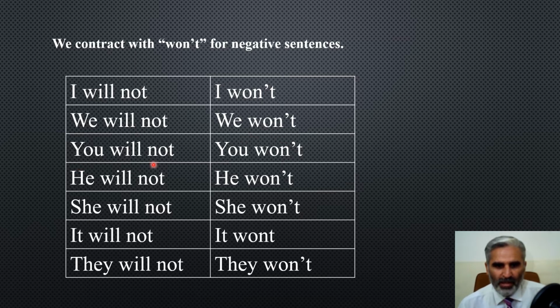You will not, you won't. He will not, he won't. She will not, she won't. It will not, it won't. They will not, they won't. So these are the negative cases of the sentences where we contract will not with won't.